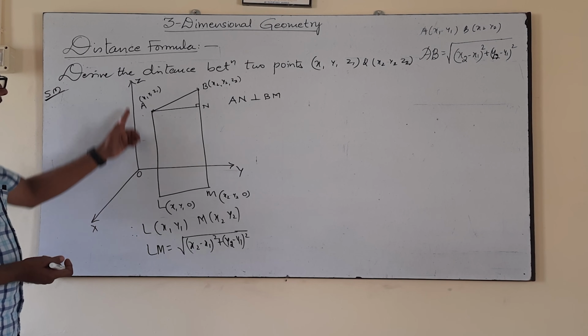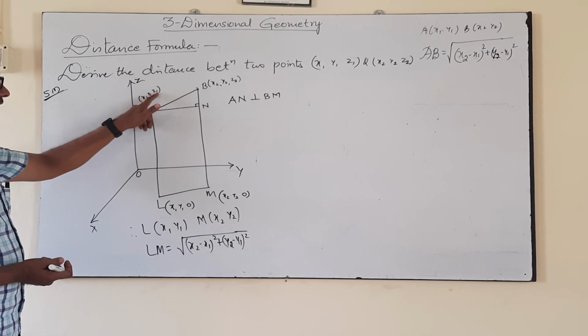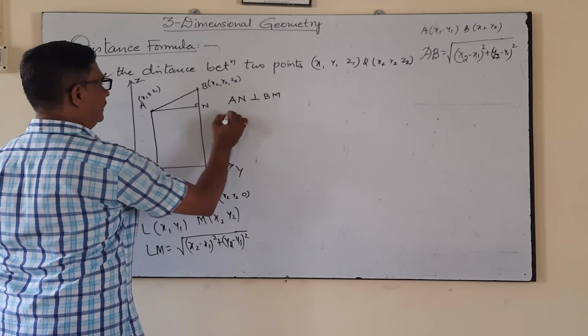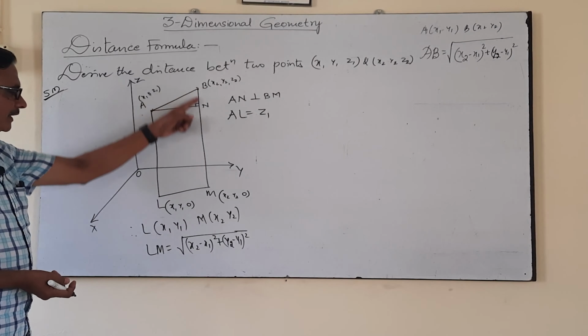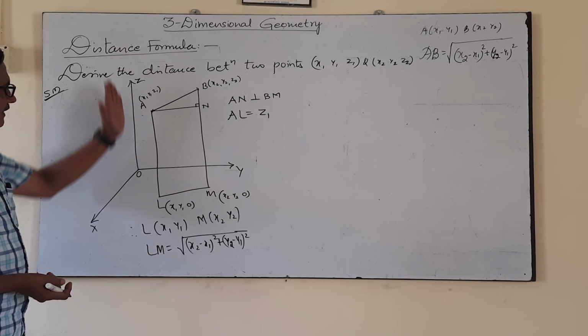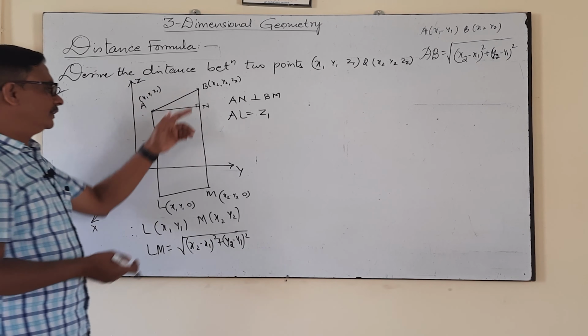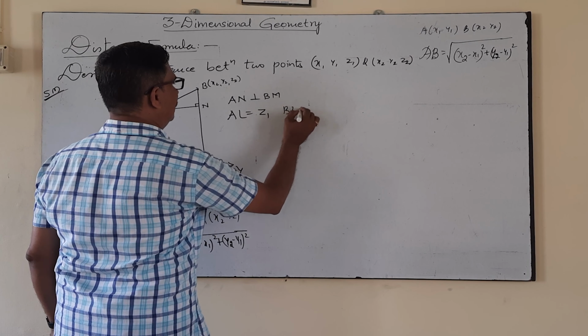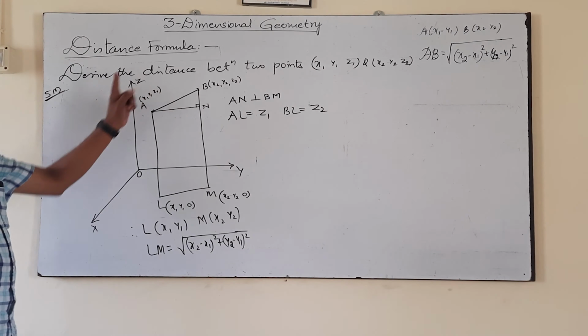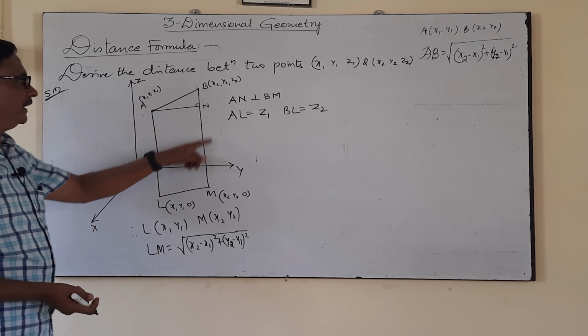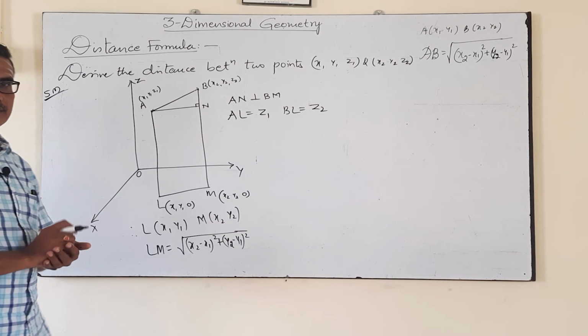What is the length of AL at the point A? The Z axis value is Z1, so AL is equal to Z1. Similarly, BM lies on which axis? Again Z axis. Then the BM length is Z2, because BM lies on the Z axis, so the BM length is the Z axis value Z2.